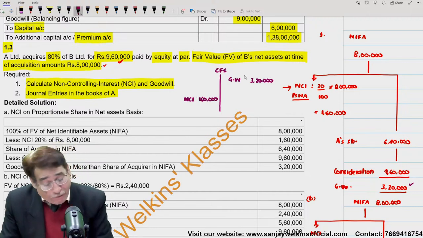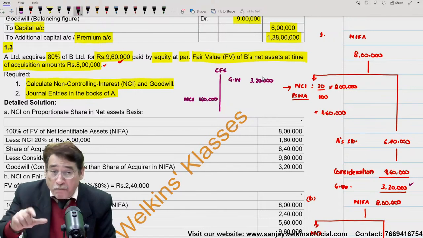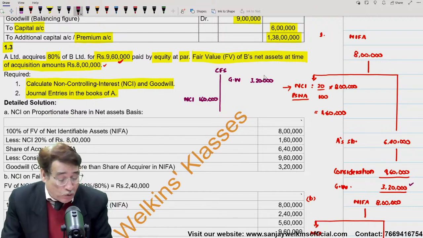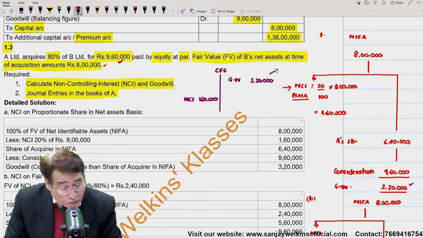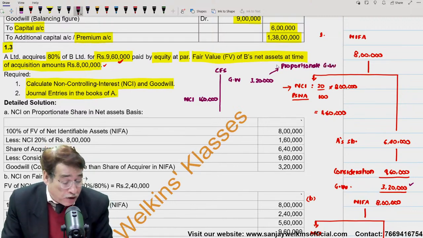Now pay attention. Whenever goodwill is arrived at by taking NCI at PSNA, this goodwill is also known as proportionate goodwill. This goodwill which appears in the balance sheet is also known as proportionate goodwill or partial goodwill.